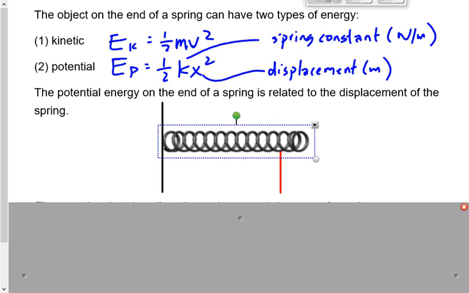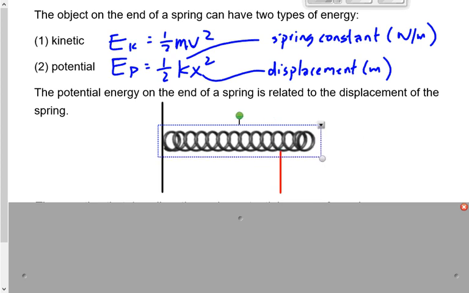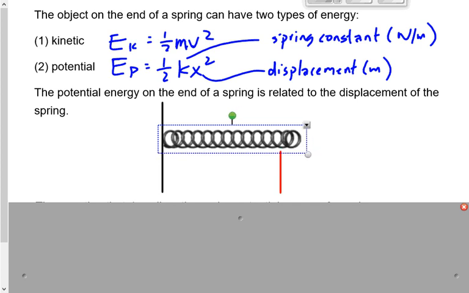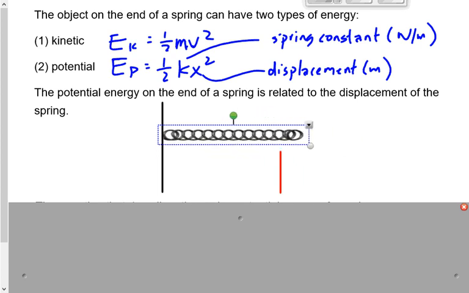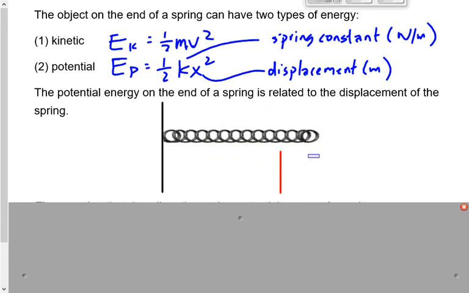When I stretch it this far, the force increases linearly with the displacement. But the potential energy increases with the square of the displacement. So if I double the length of it, the force doubles. If I double the length of it, the potential energy goes up by a factor of 4.